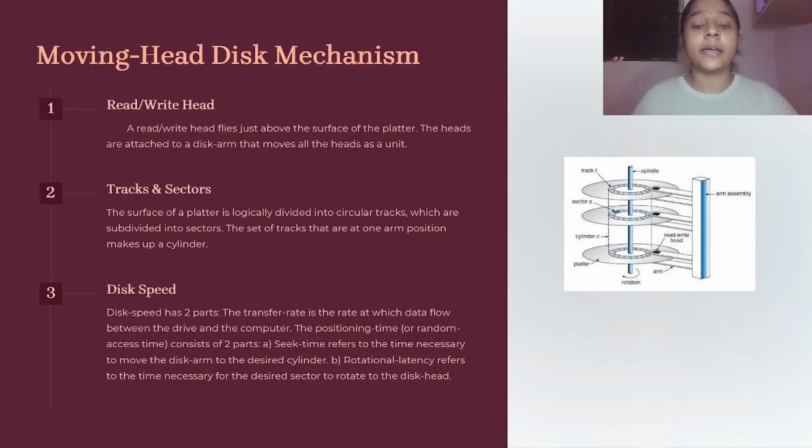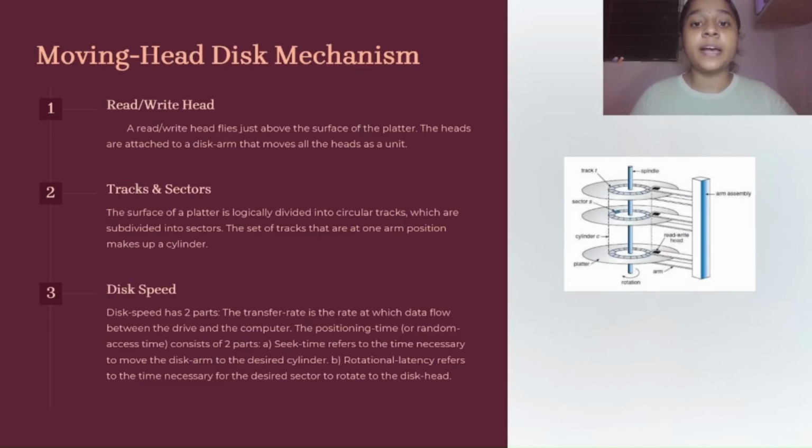The read-write head is a crucial component that flies just above the surface of the disk platter, allowing it to access data. The disk surface is divided into circular tracks and sectors, which are accessed by the disk arms as they move to different positions.